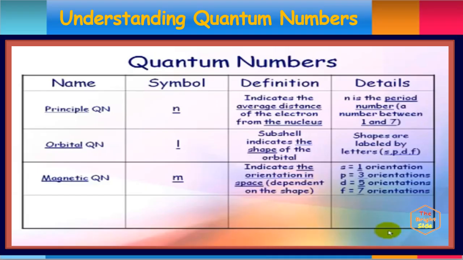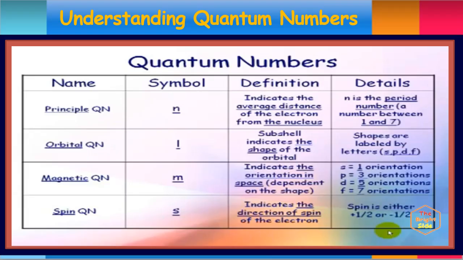S will have 1 orientation, P will have 3, D will have 5, and F will have 7. And then the final quantum number is spin. This is labeled with the letter S, and it indicates the direction of spin of the electrons in an orbital. The spin is either plus half or minus half.